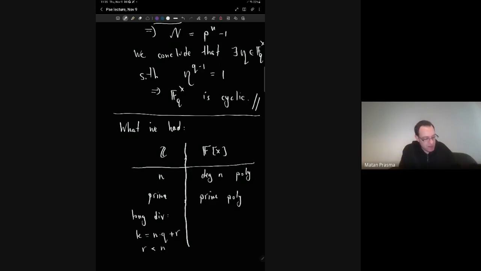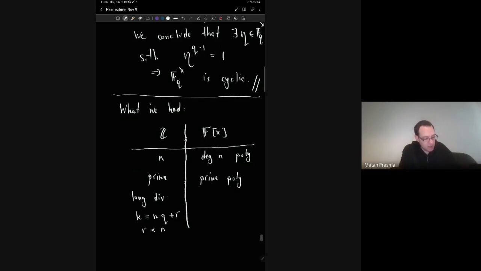And the same is true for polynomials. So let's say g is equal to f times q plus r, where r is of degree smaller than the degree of f.